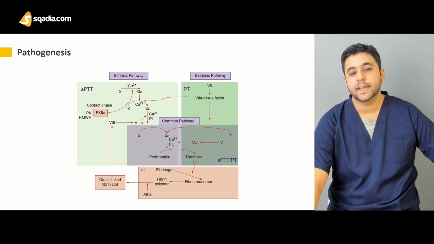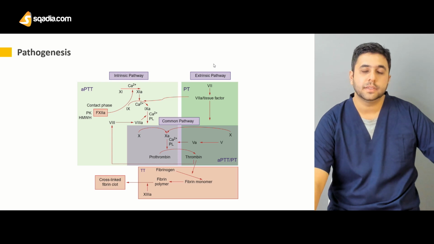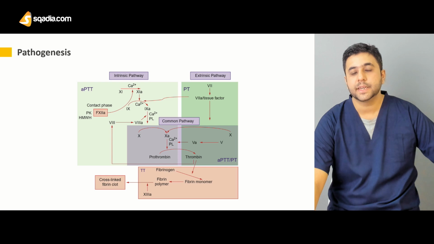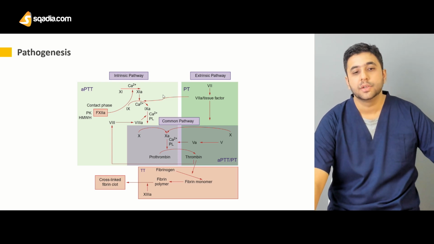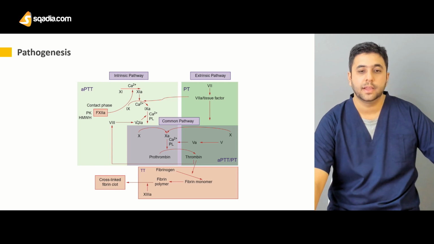The words extrinsic and intrinsic are used because of how these pathways get activated. All of these coagulation factors are secreted by the liver, and vitamin K is required for the activation of a lot of factors. So vitamin K abnormalities can lead to certain types of factor deficiencies as well.